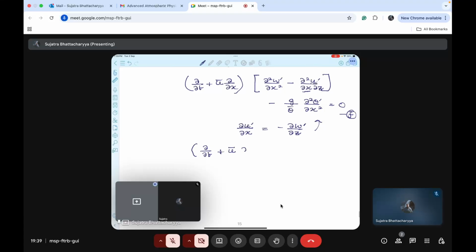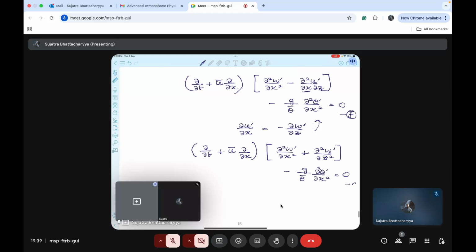u bar del del x plus delta square w dash by delta z square minus g by theta bar, whatever it is, just keep it as it is.